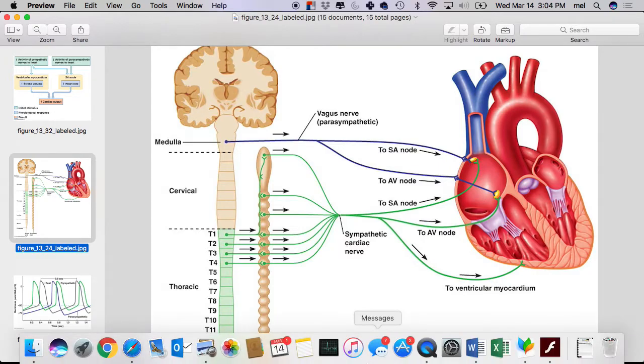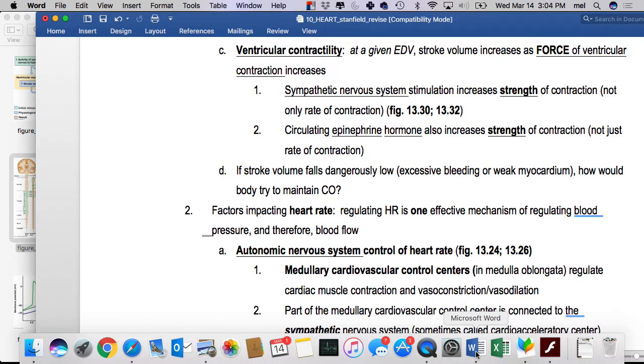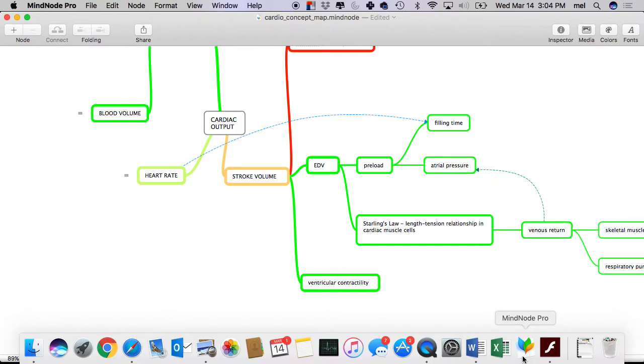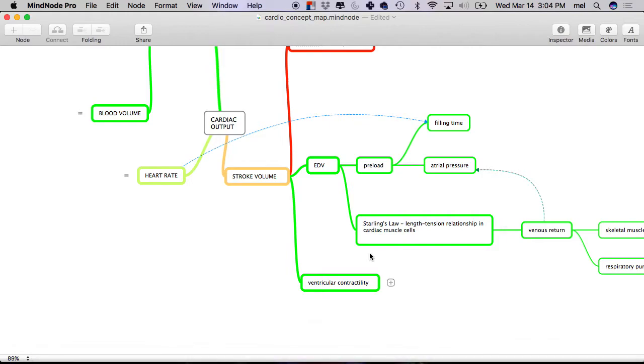So now back to our idea and our question. Can anybody, in your words, tell me the big difference between Starling's Law and ventricular contractility? Go ahead. Starling's Law deals with the atrium. No, Starling's Law doesn't deal with the atrium. It deals with the ventricle. Go ahead.